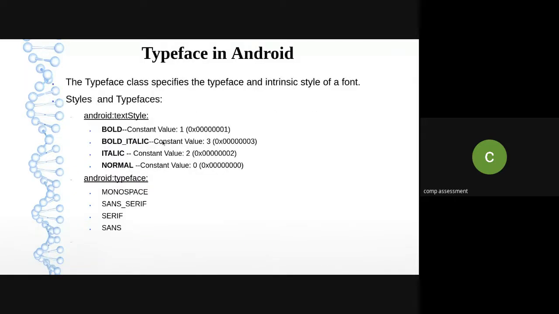But if you have taken the signature with the integer, then for bold the value is 1, for bold italic it is 3, for italic it is 2 and normal is 0. So for the 4 styles, if you want your text as normal, default it is 0. If I want to make it bold, I have to specify 1.